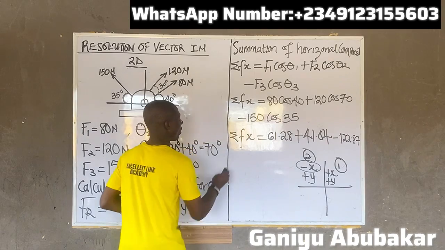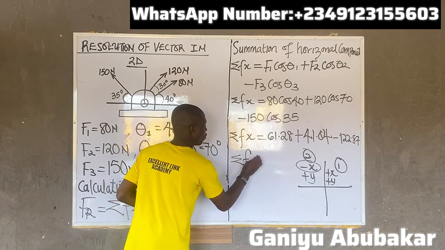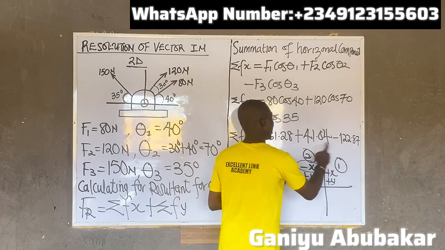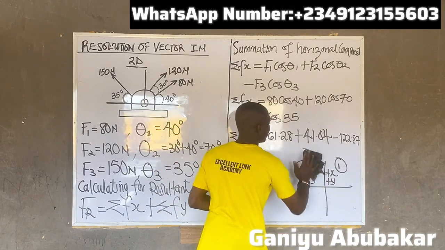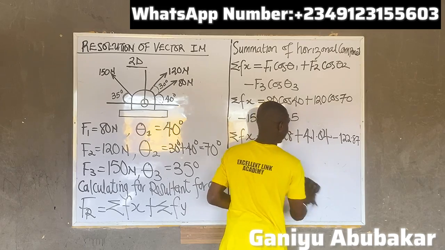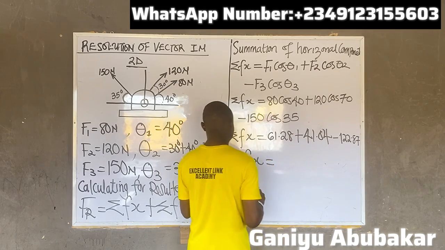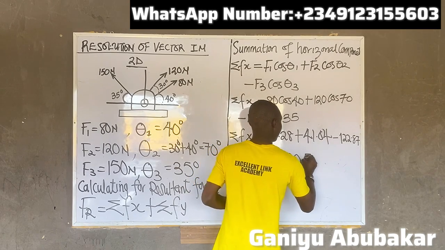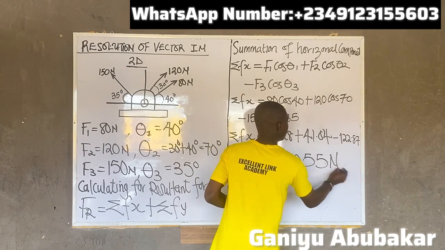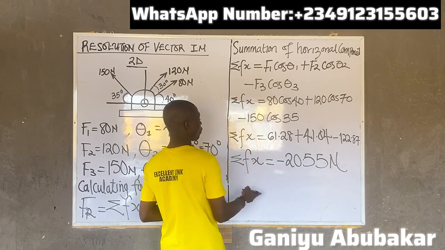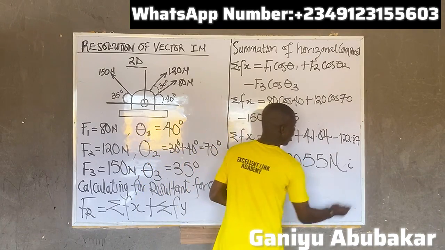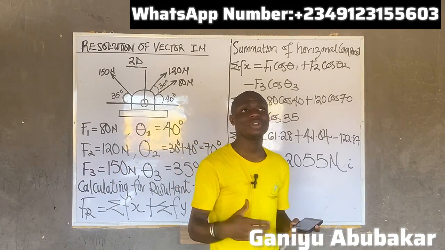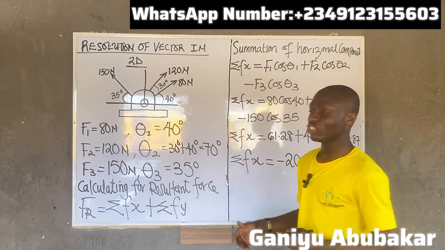I'll add these two together and subtract the last one. What do I get as my answer? The answer here gives you negative 20.55 Newton. Of course, in vector form, it's x, that gives you i. So this is the value for the summation of the horizontal components. F_x is done.